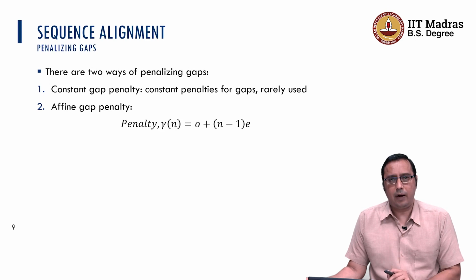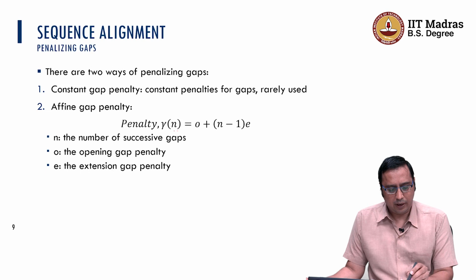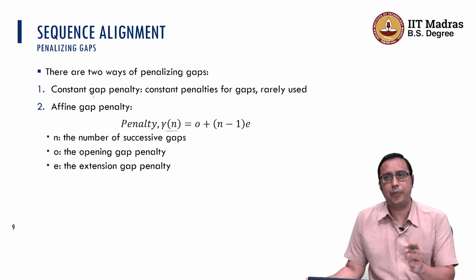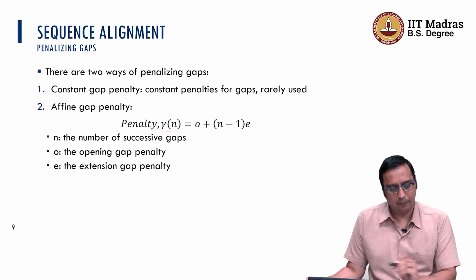So affine gap penalty is scored in the following manner. I will look at the number of successive gaps. So remember, in a constant gap penalty, successive gaps have the same kind of penalty. However, in affine gap penalty, we look at successive gaps.